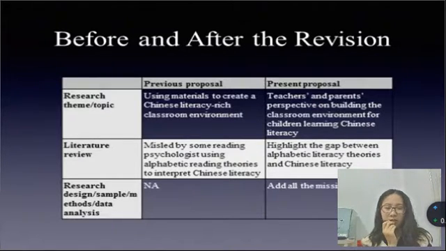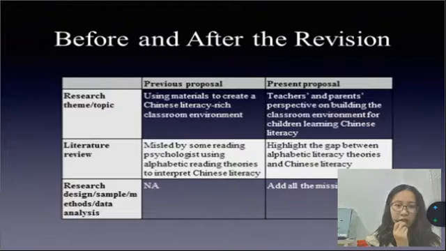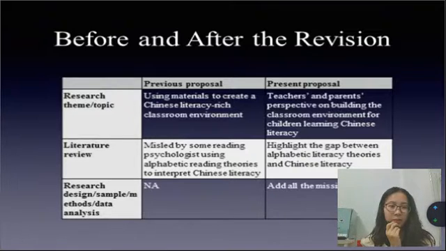Here's a chart before and after my revision. First of all, to the research topic, I changed my whole topic from using materials to create a Chinese literacy classroom environment to teachers' and parents' perspectives on building the classroom environment for child learning Chinese literacy.